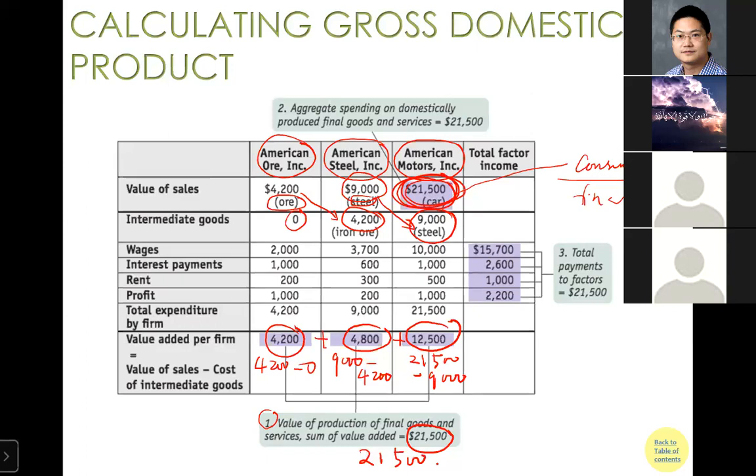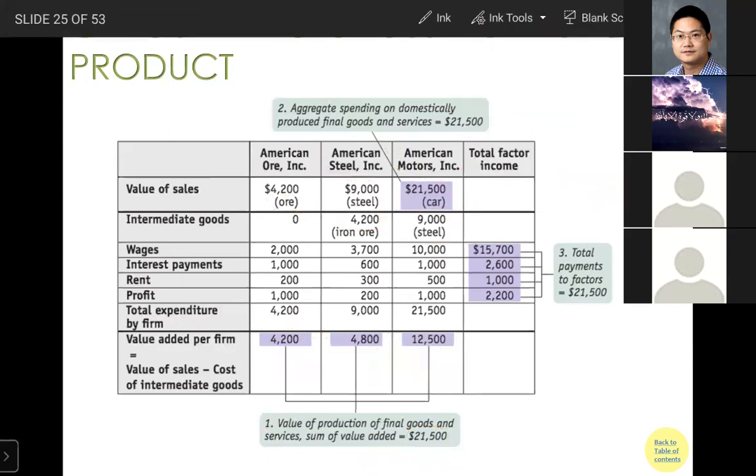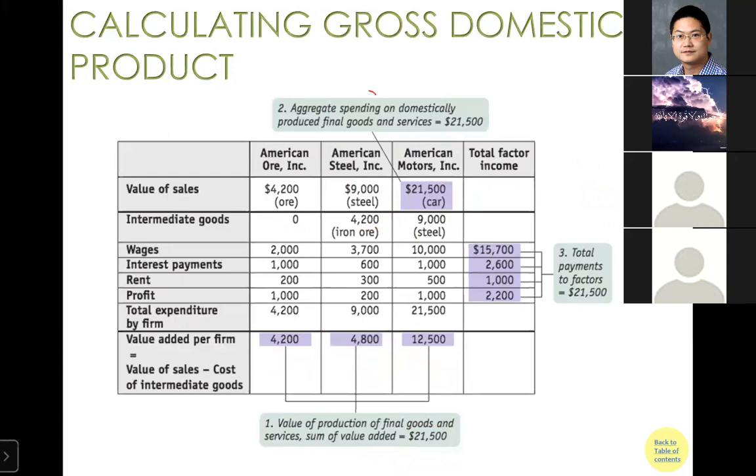Okay, so this is the first approach. Now, the second approach is to look at aggregate spending. Remember, we have C plus I plus G plus NX. Here, there's no import and export, so this goes to 0.